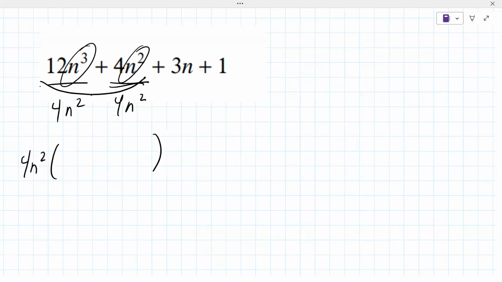Can you tell me what goes here? It would be 3n plus 1.